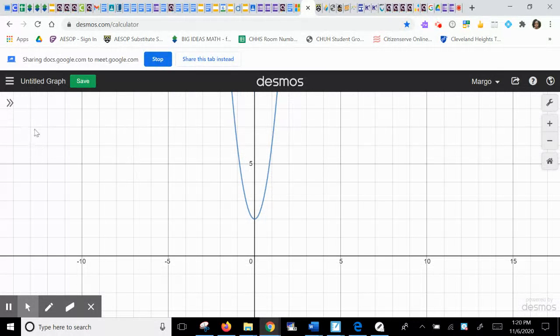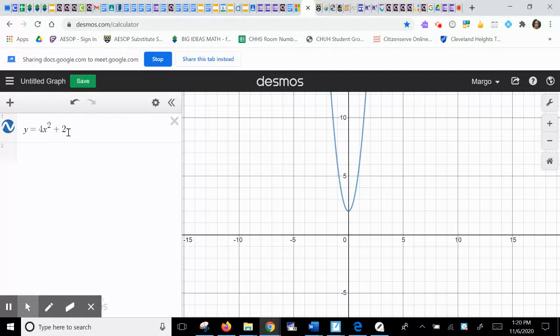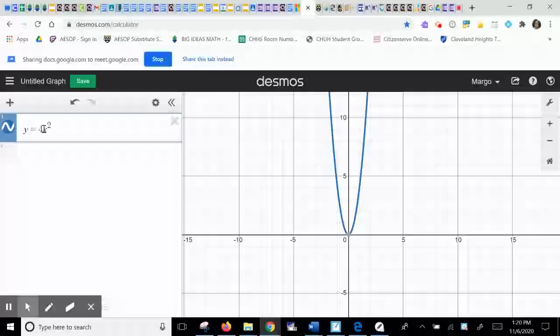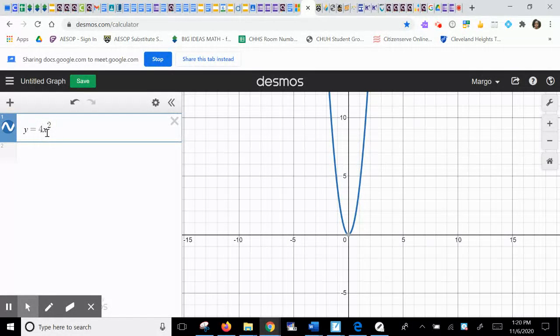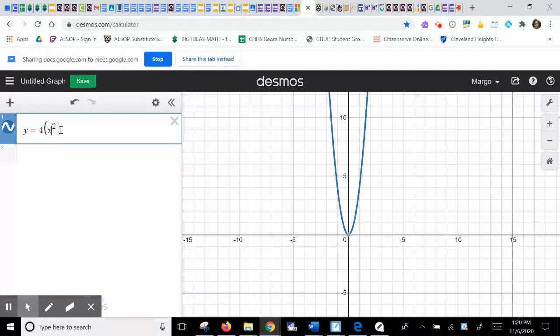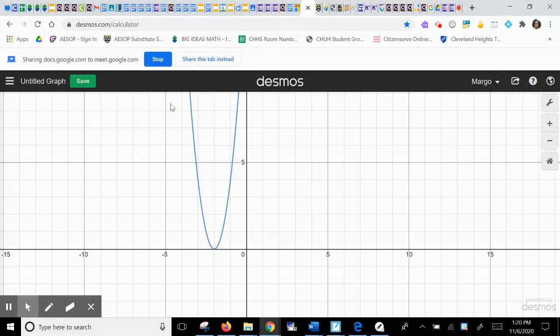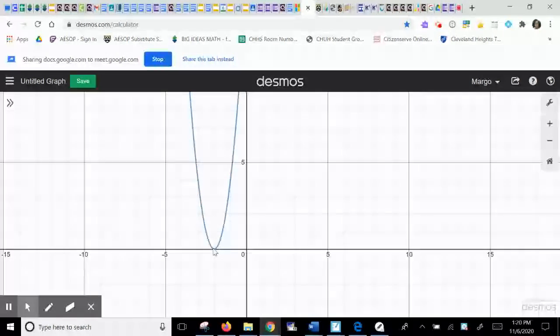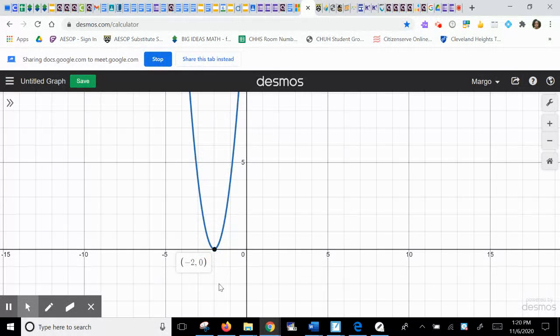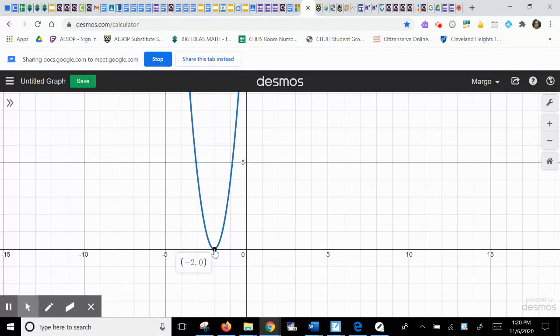And then I want to show you one more scenario. So in this case, our parabola is here. See that? And it touches the x-axis at the vertex. So the vertex is a minimum value because that's the lowest point.